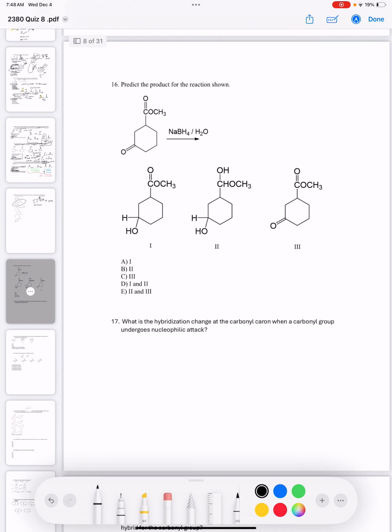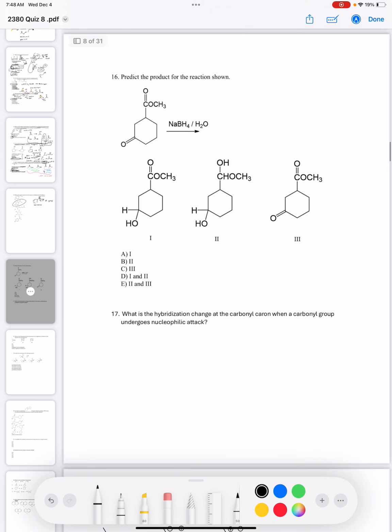Okay, next question. Predict the product of the following reaction. So again, this is a reduction reaction question. Going back to our carboxylic acids and esters, they are reduced by LAH. Ketones and aldehydes are reduced by NaBH4, and that's what we have. So only these two can be reduced by NaBH4, and they'll go to an alcohol.